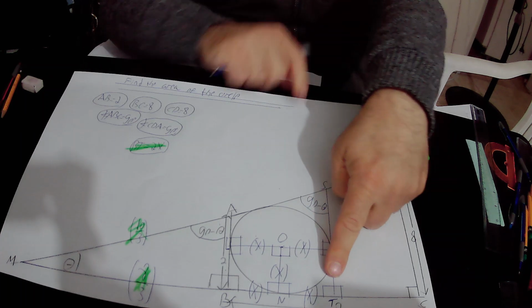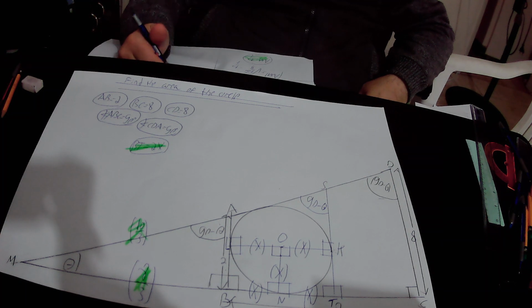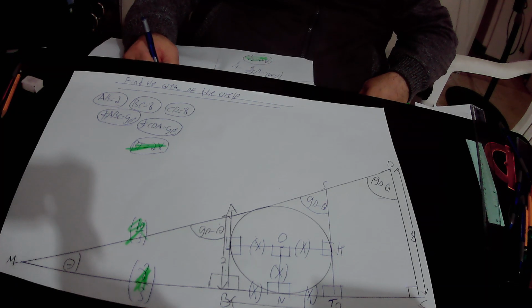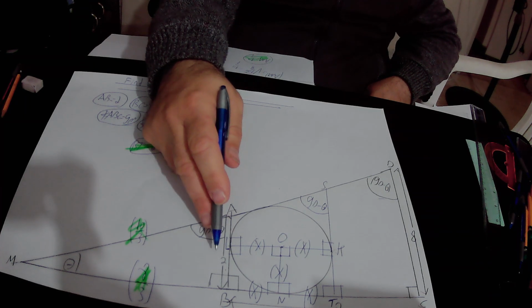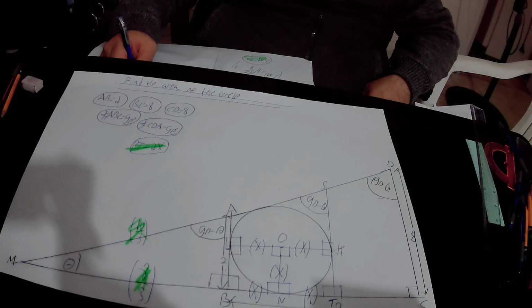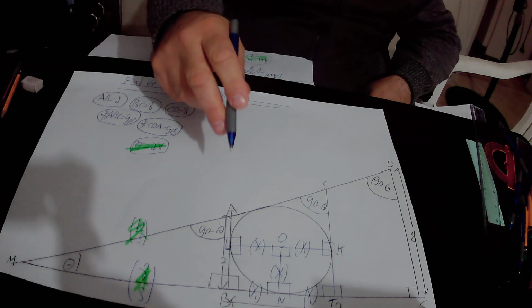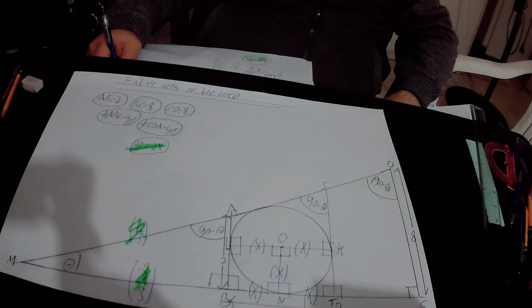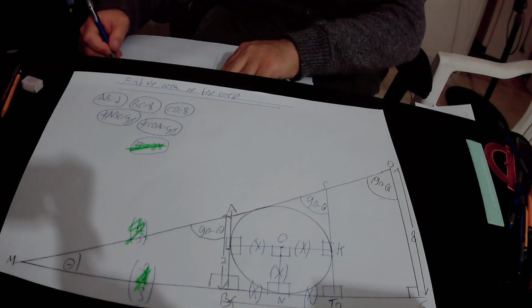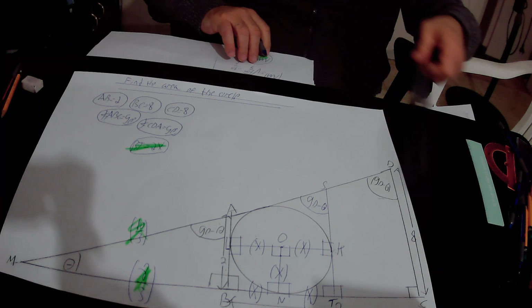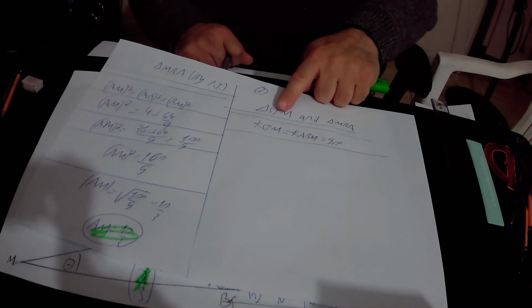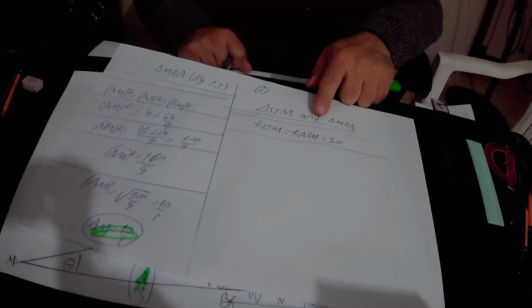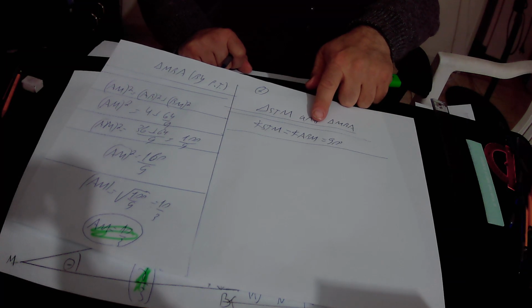So actually this is angle STM in the right middle triangle STM, and it equals this angle, that is actually angle ABM in the right small triangle MBA.